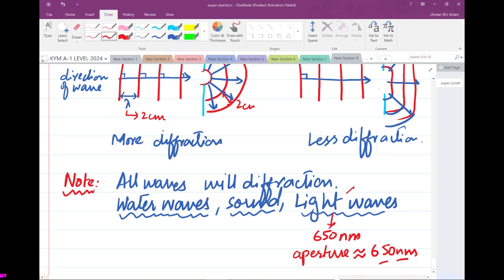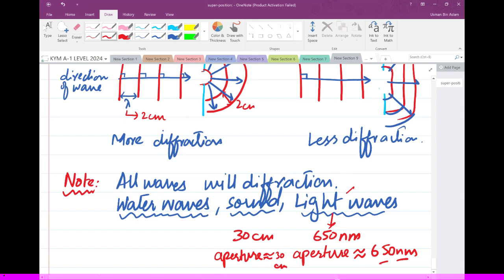That means the aperture needs to be almost comparable to the wavelength of light. Let's say sound has a wavelength of 30 centimeters. For the sound to show diffraction, the aperture needs to be approximately equal to 30 centimeters as well.